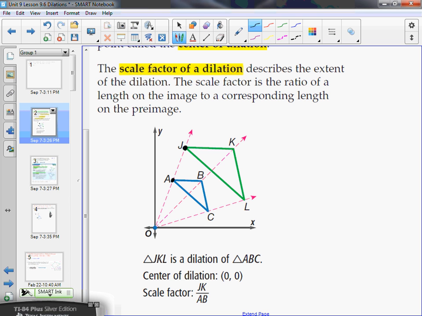So whatever the scale factor is for, let's say, JK to AB, that same scale factor gives us the ratio of the distance from J to O to the distance from A to O. If we'd never talked about dilations, and we just talked about similar figures, the scale factor is 3 to 2.